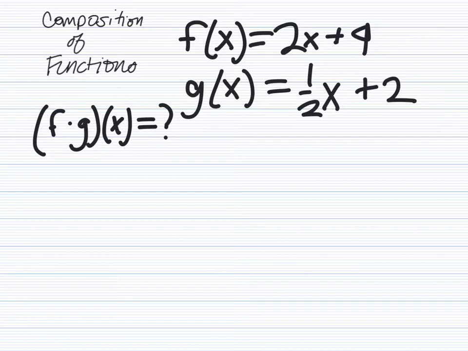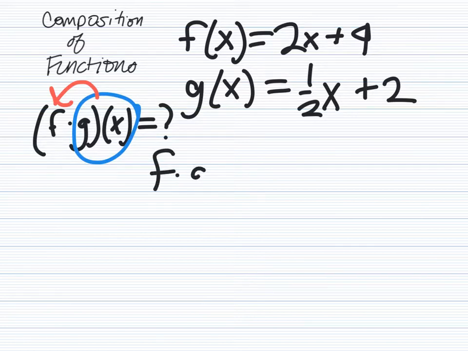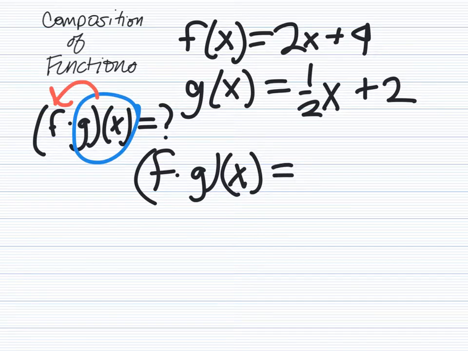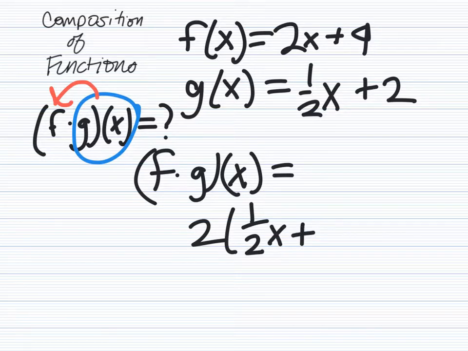Now this means you're going to take the g of x function and plug it into the f function. So that's going to look like f of g of x equals 2 times (1/2 x plus 2) plus 4.